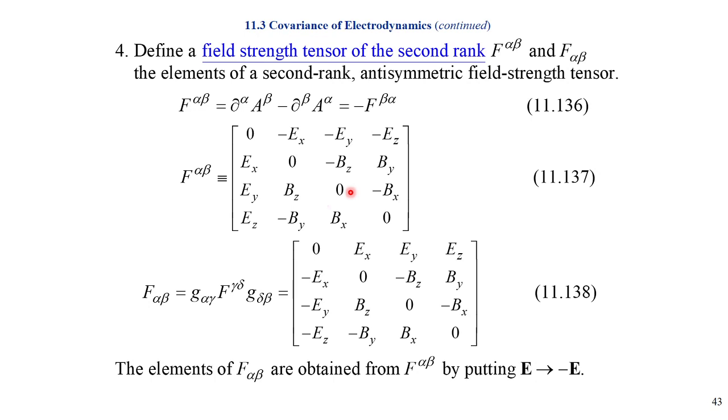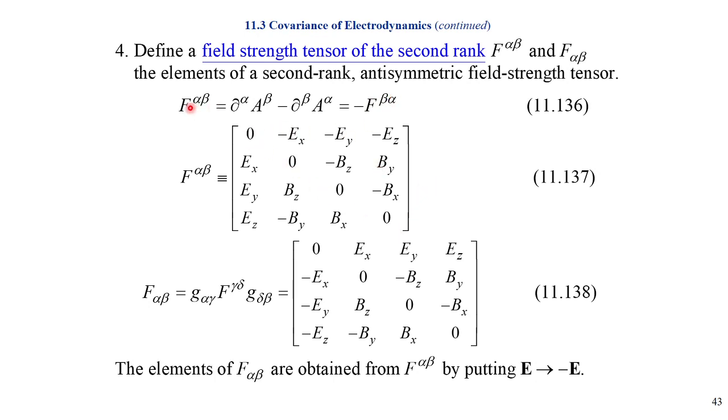Anti-symmetric means if you change the index F alpha beta to F beta alpha, you will differ by a minus sign. And so F alpha alpha will be equal to minus F alpha alpha. The only possibility is 0. So 0, 0, 0, 0.